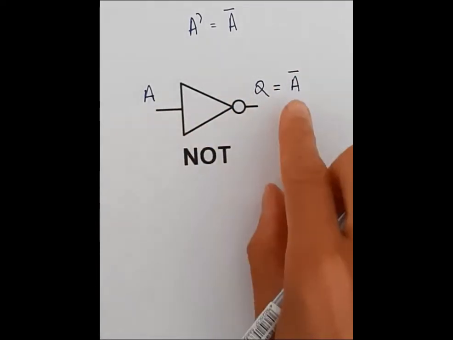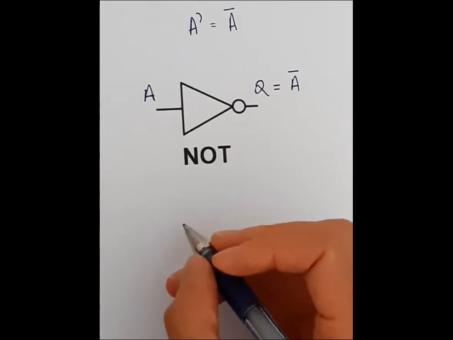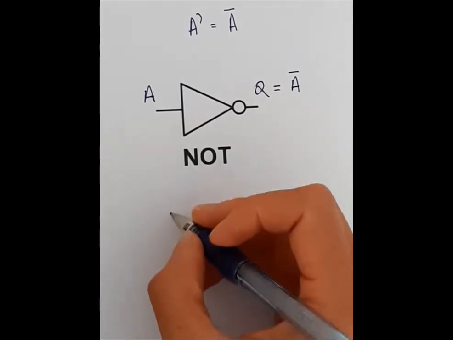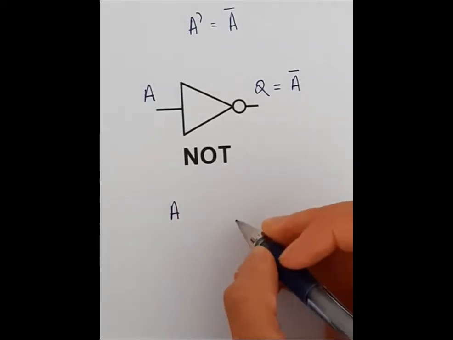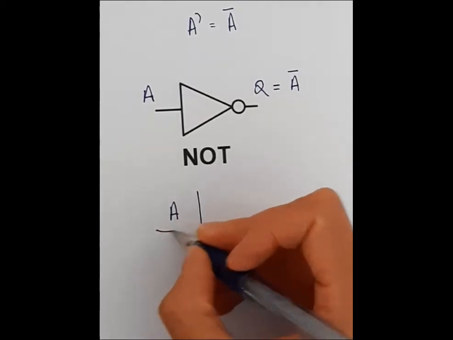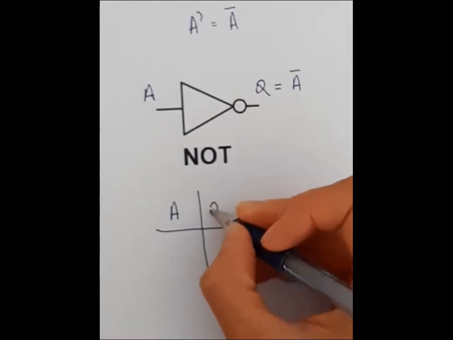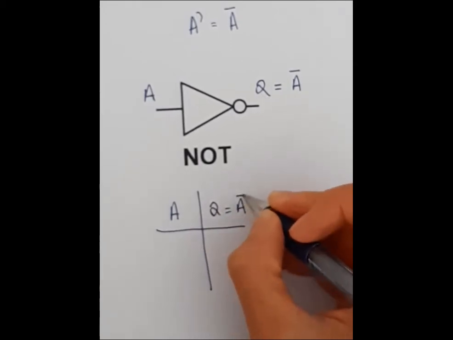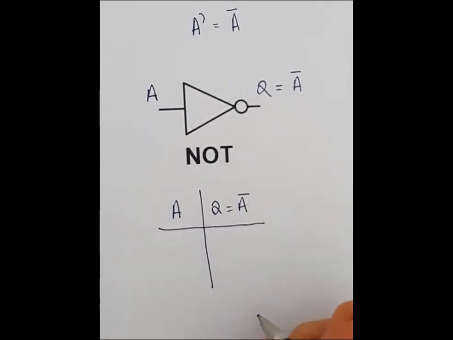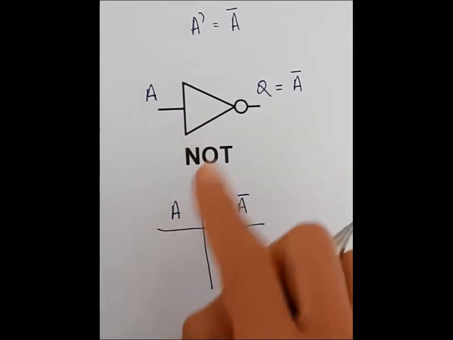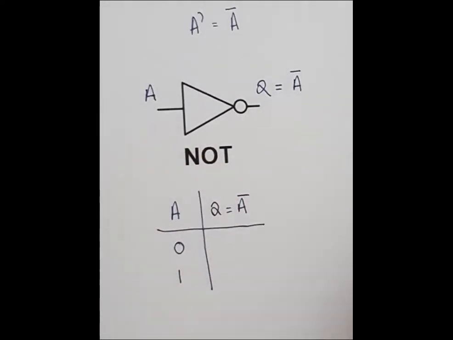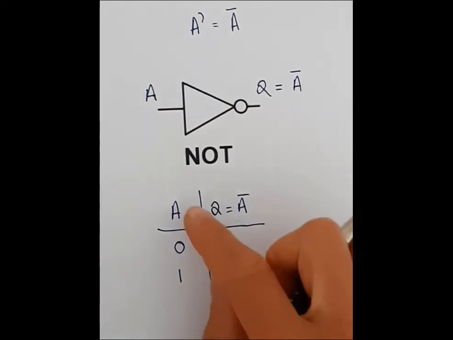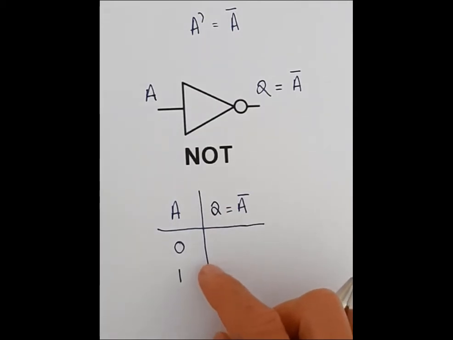So A, not A. If I'm to draw a truth table for this, I basically have a column for my inputs, and I have my column for my output, which in this case is equal to not A. So in this column, the only two things that I can put in are a 0 or a 1, because they're my only two possibilities. And when I draw my truth tables, I always count in order.